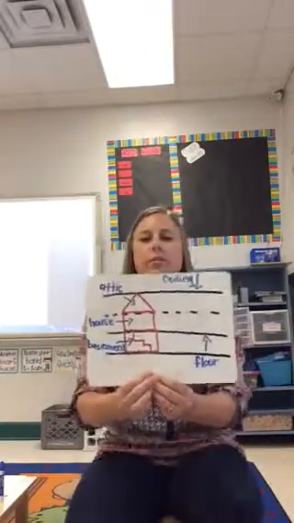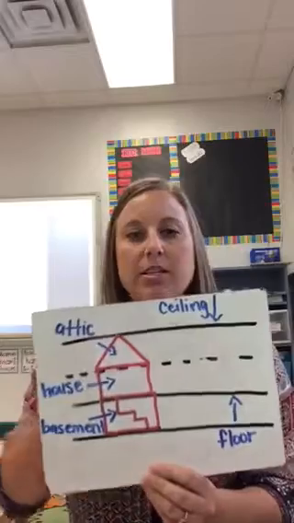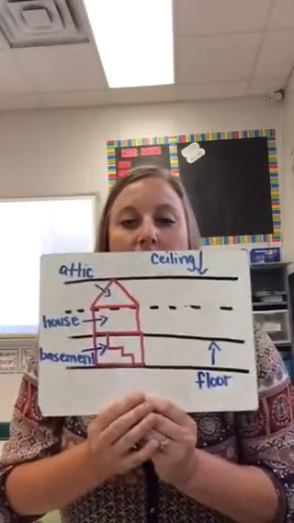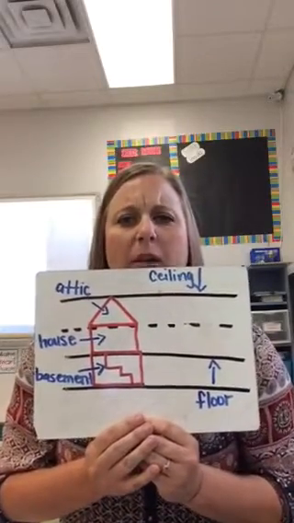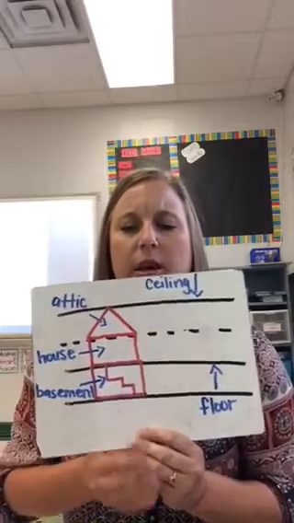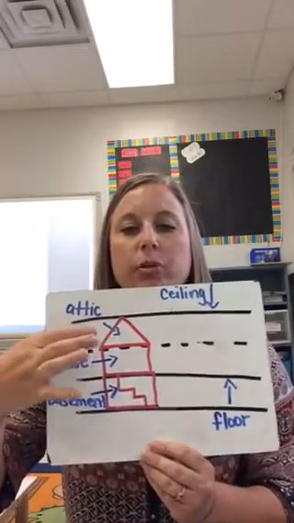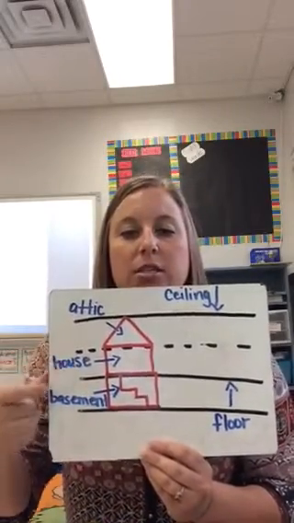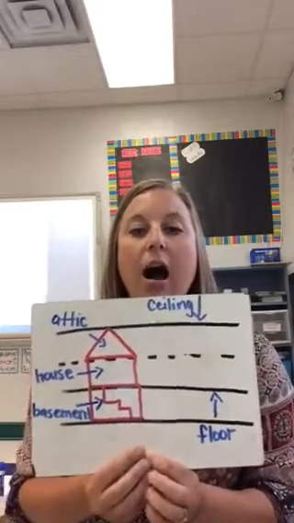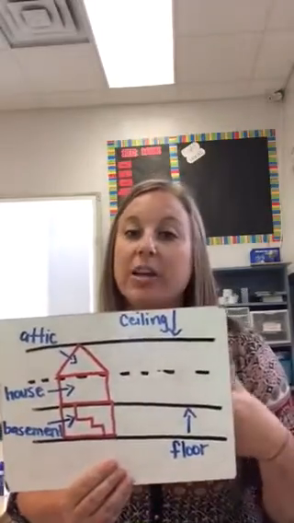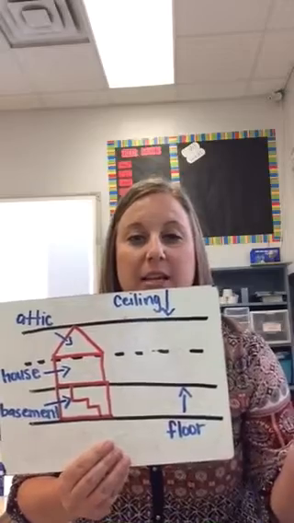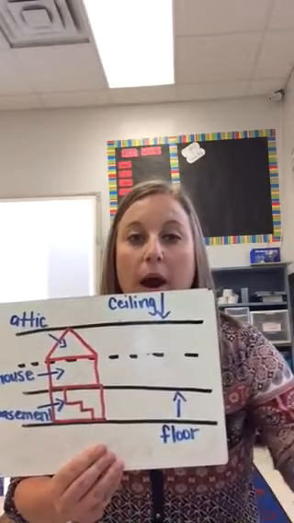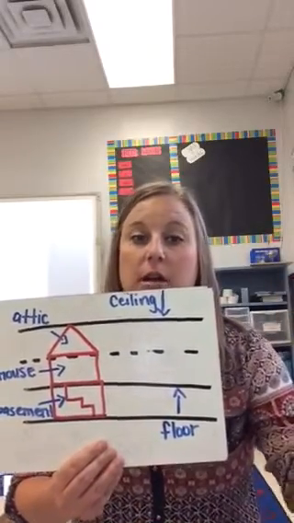I drew one so that you can see the terminology that I use in here. It may be backwards, I'm not sure, I hope not. I drew where the attic is, the house, and then the basement. I also added a few more terms that help the students understand where their letters need to touch.